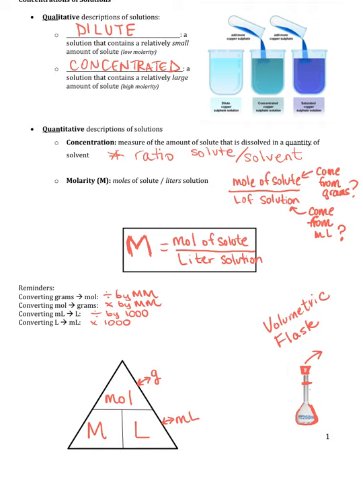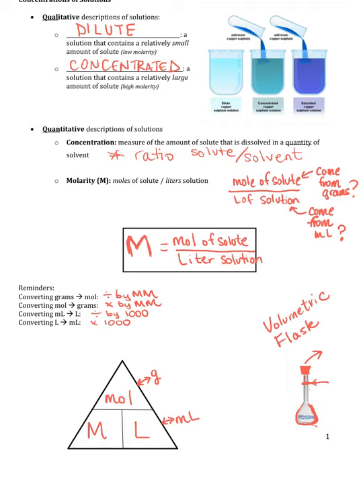So if you had to make a solution of a specific molarity and you wanted to make 250 milliliters of it, you would add the certain number of grams, whatever you'd calculate, to a little bit of distilled water in that flask, and then you would add distilled water to exactly that little line, and then you would put that little cap on.